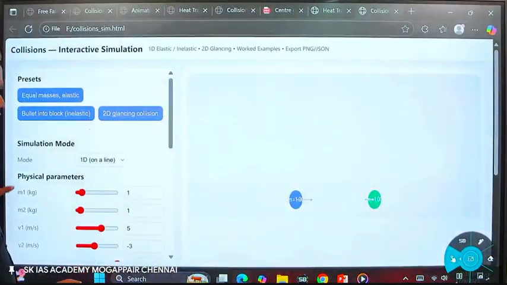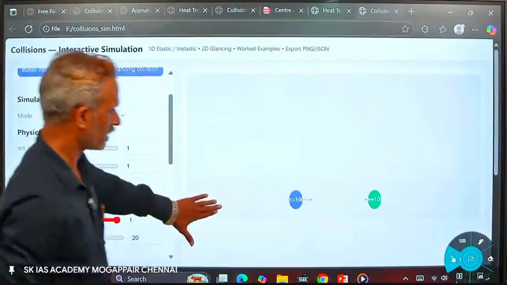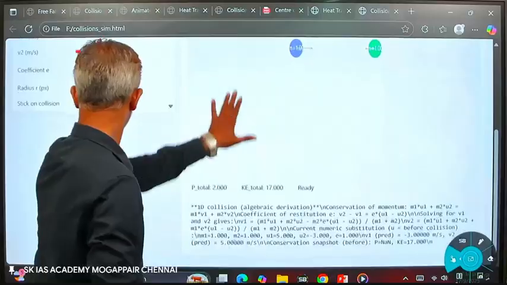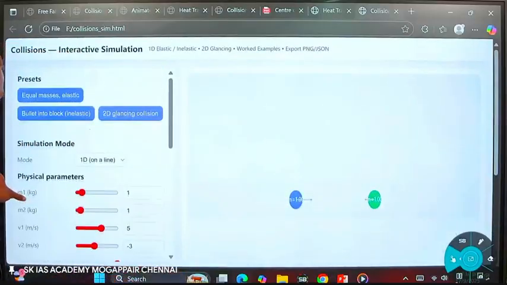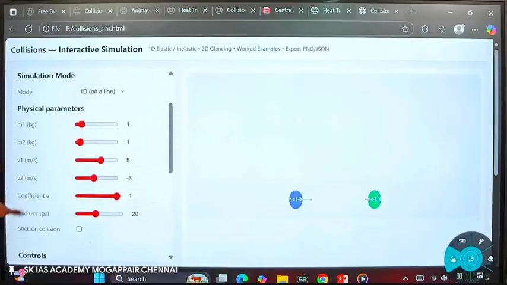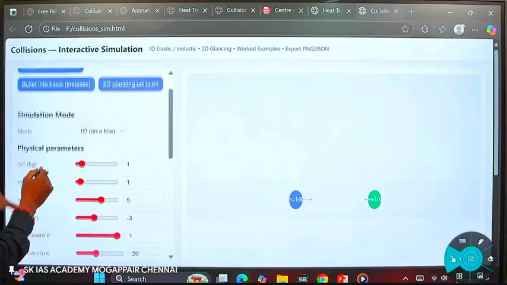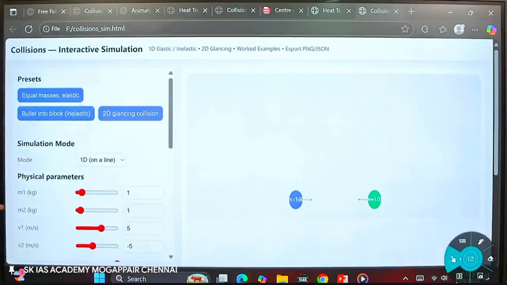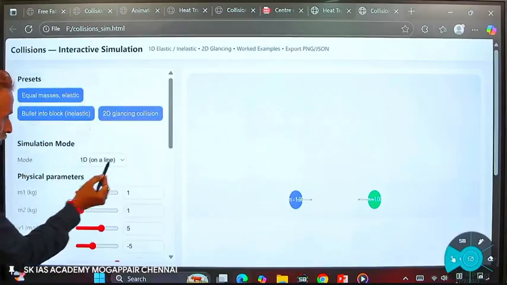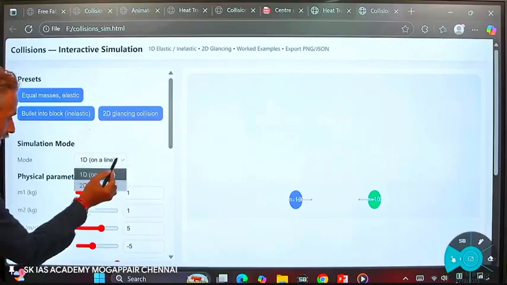First I will go through what I have seen there: collision. Elastic means one dimension. Just this is the motion on a line.